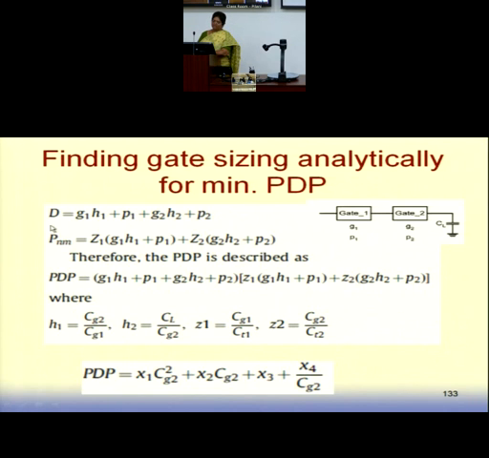And then I say, multiply the two together to get the expression for PDP. When we multiply them together, we get this whole expression with H1 value as this one, H2 this one, Z1 this one, and Z2 this one. And then you can substitute these values and try to simplify.